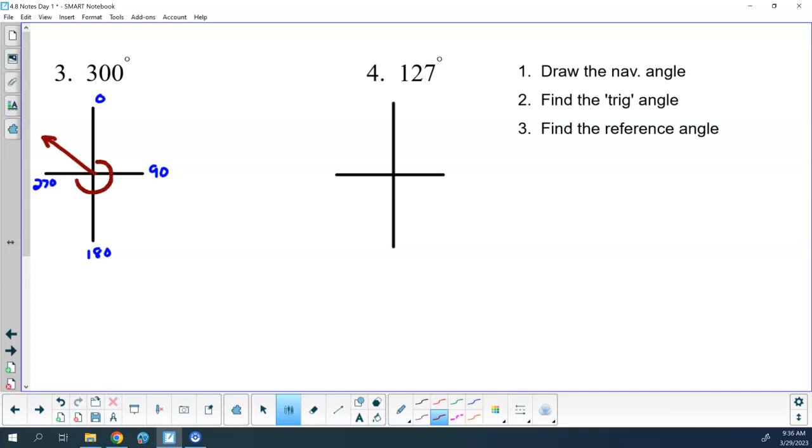So that's my nav angle. That's going to give me a 30 degree reference angle. That's going to give me 150 degree trig. So my trig angle will be 150 degrees. My reference angle would be 30 degrees. Everybody agree with me on that?